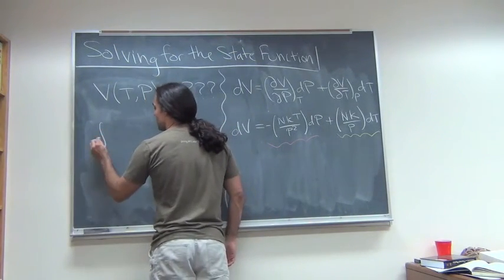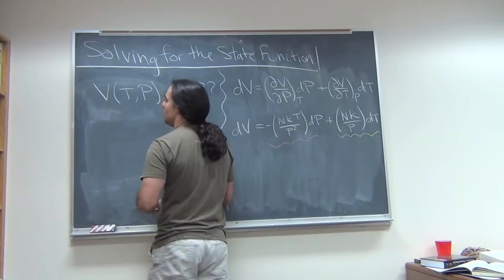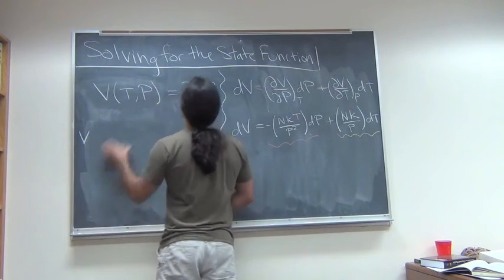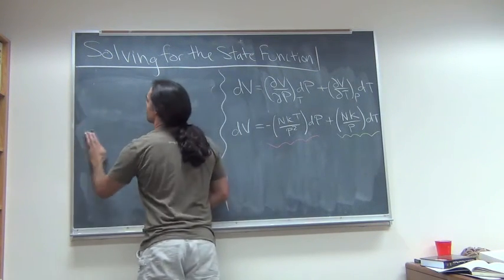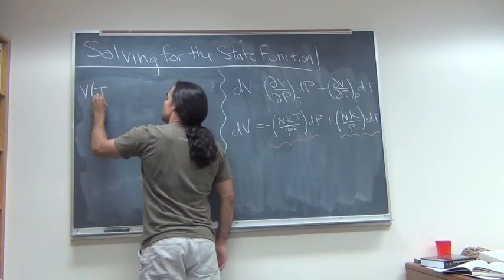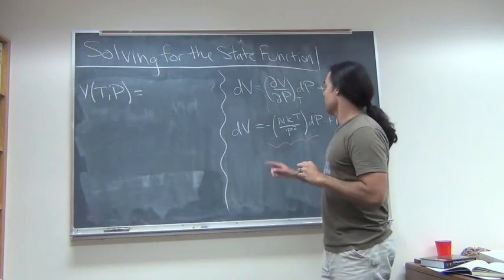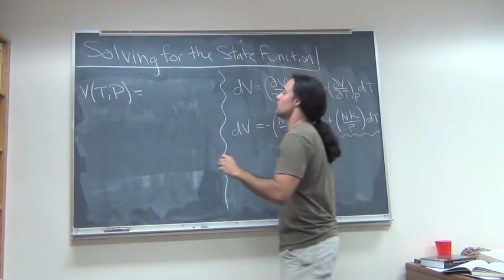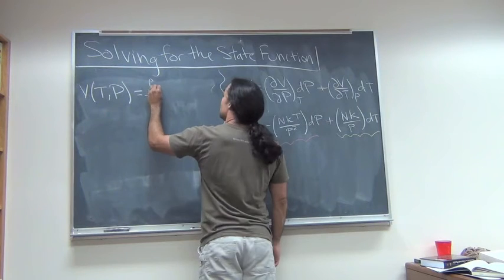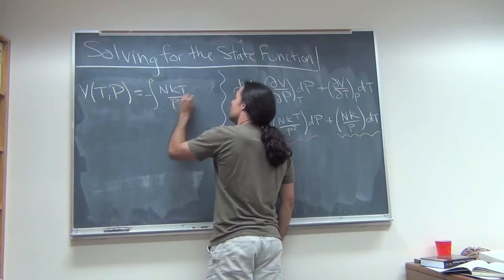So we're going to integrate. Actually, let's just write this out. Let me give myself a bit more room here. V as a function of T and P equals the integral of this thing: the integral of minus nkT over P squared dP.